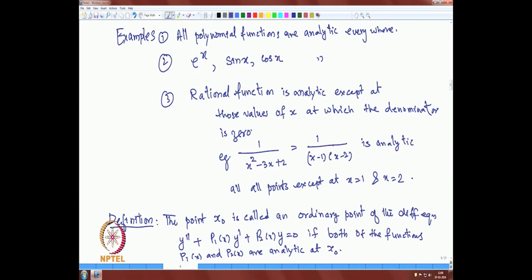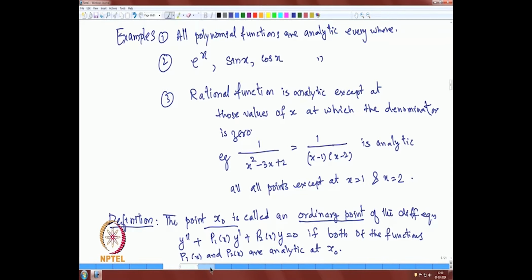A point x0 is said to be an ordinary point of the differential equation in the normal form y double prime plus p1(x) y prime plus p2(x) y if both of the functions p1(x) and p2(x) are analytic at x0. If that fails, if it is not true, then we say the point is a singular point.